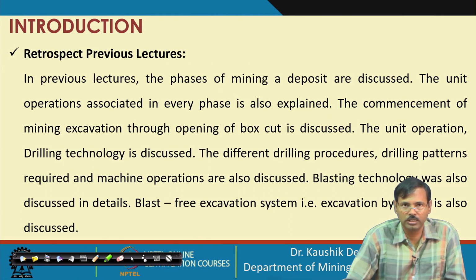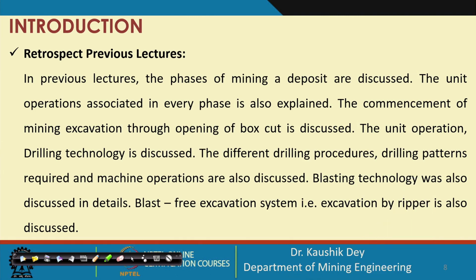Before this lecture, we have already covered the phases of mining a deposit. We have covered the commencement of surface mining through opening the box cut. We have covered unit operations like drilling technology and blasting technology, and also blast free technology like excavation by ripper.